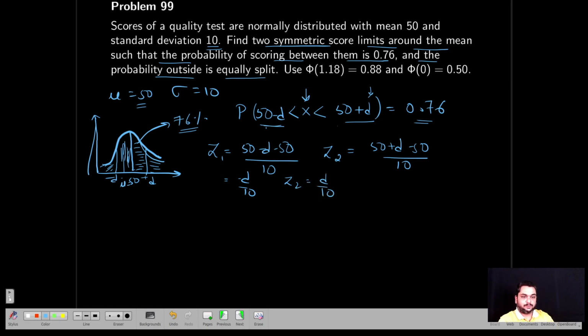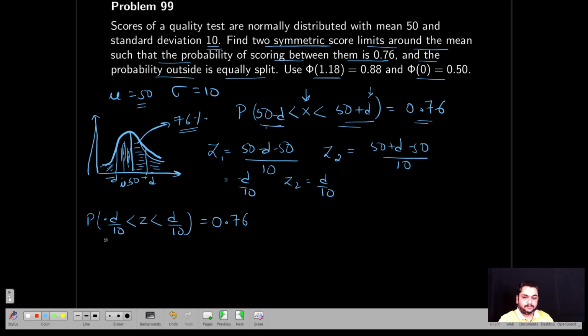Now you substitute here, converting it to z score: P of minus d by 10 less than z less than d by 10 equals 0.76. This is what they have given. Now, how will you convert this? They have given some CDF values here. Please observe them carefully.